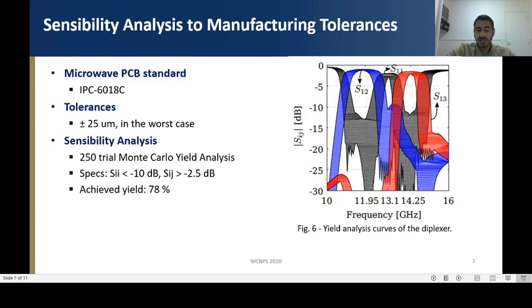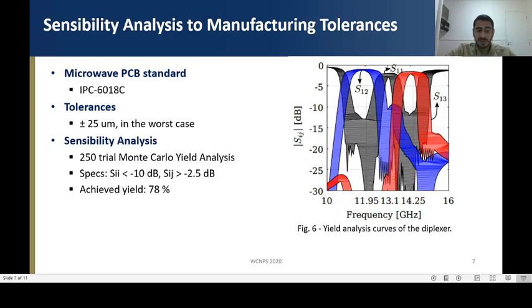Due to small dimensions, this device presents a great sensitivity to the manufacturing tolerances. Due to this, a microwave PCB standard must be obeyed to limit the fabrication errors. For this purpose, the IPC-6018C was chosen, which states that the maximum allowed error is 20.5 micrometers in the worst case.